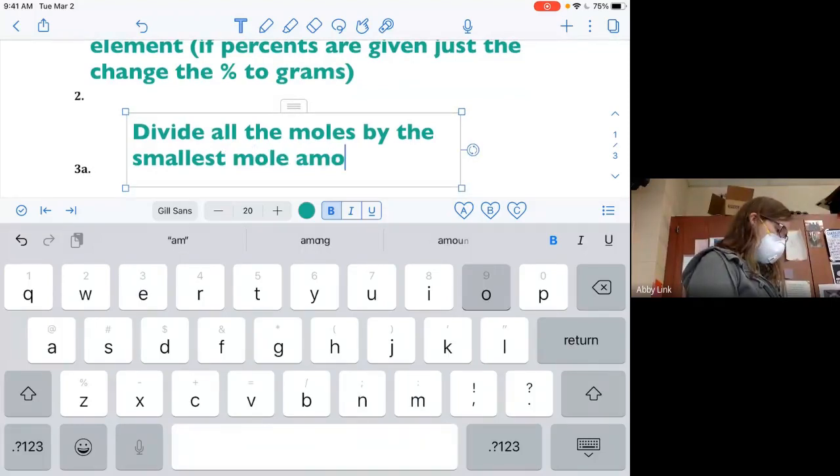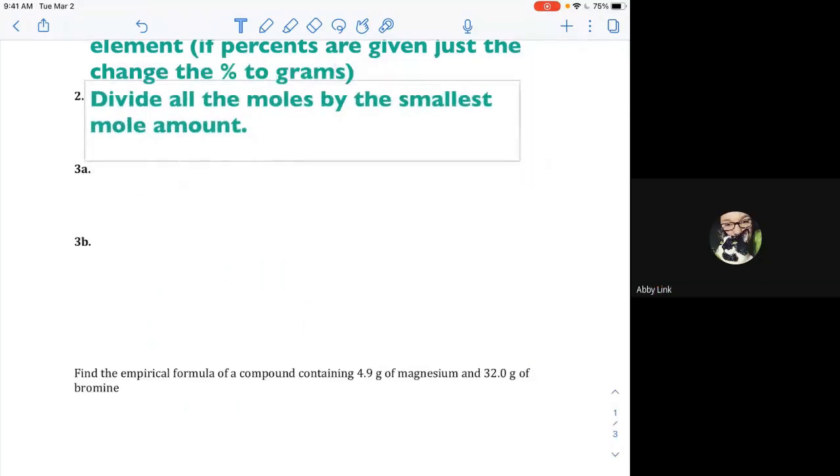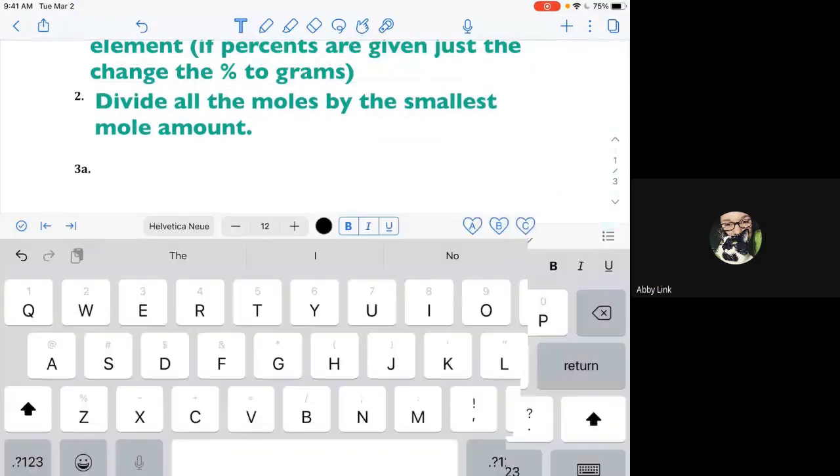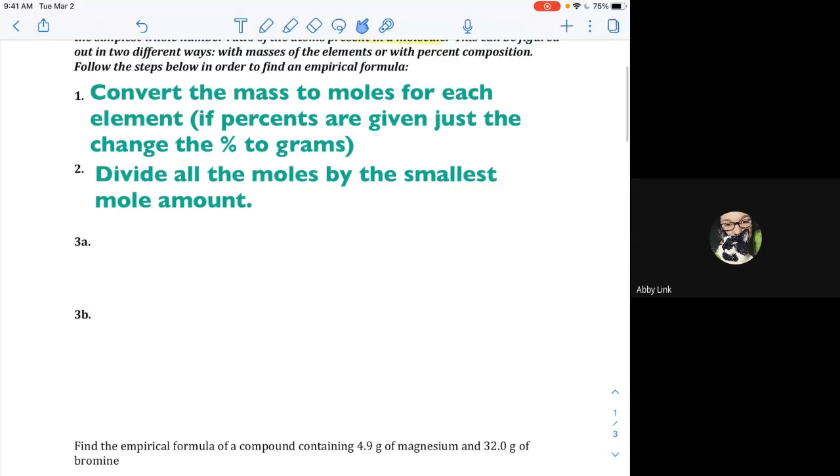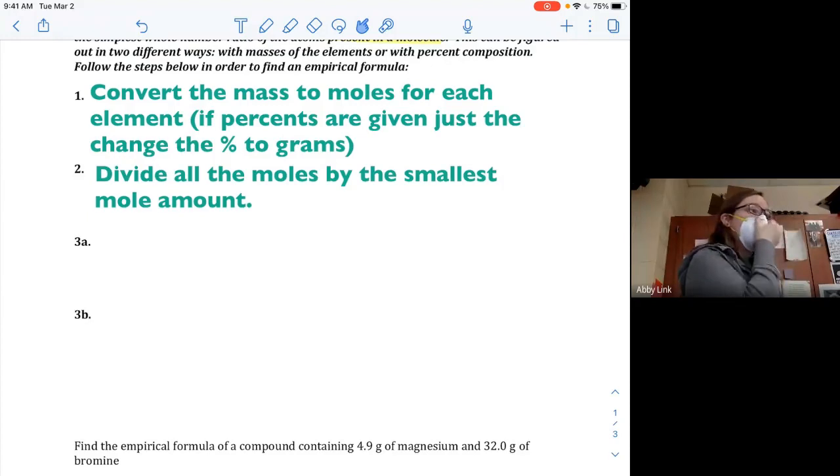Okay, so most often we're going to see either 2 or 3 elements here, okay, in our empirical formulas. So you're going to have 2 or 3 numbers to compare. All right, and you're going to want to divide all of the mole amounts by the smallest one.